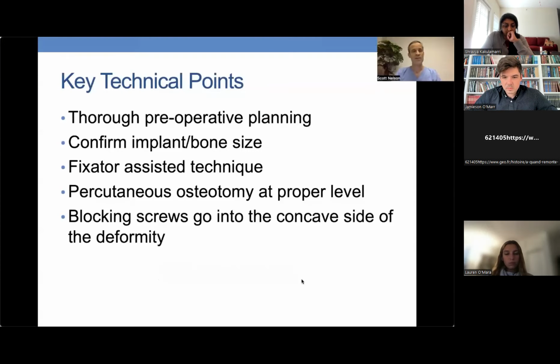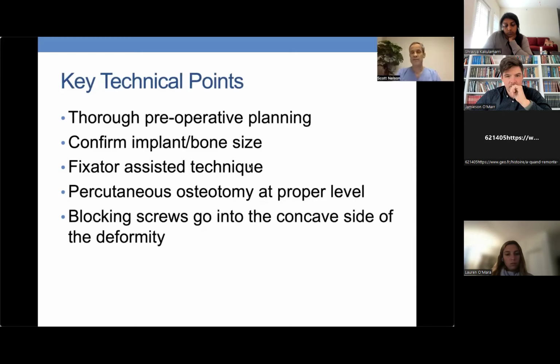I'd just like to summarize with the key technical points that it's important to do thorough preoperative planning, confirm your implant and your bone size. The sign nail comes anywhere from 8 to 12 millimeters in diameter and from about 200 millimeters to 420 in length.